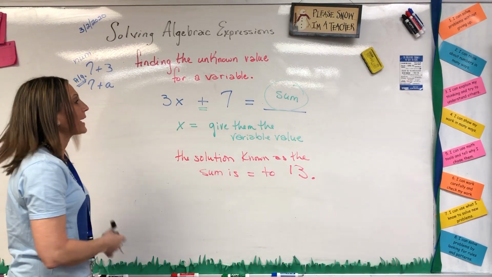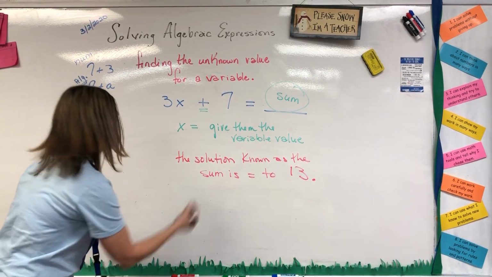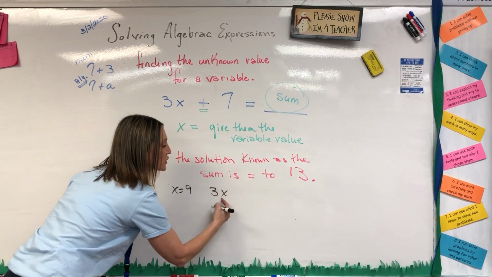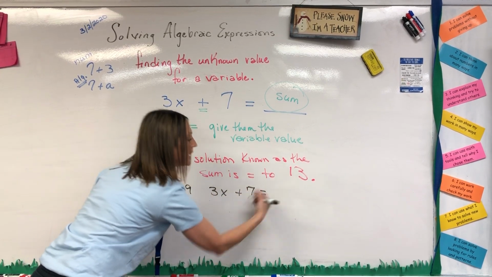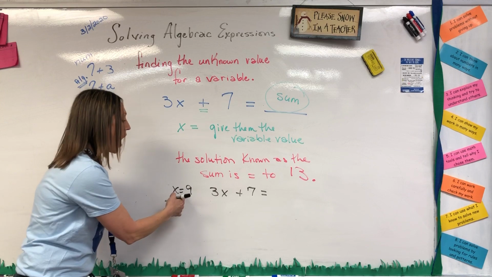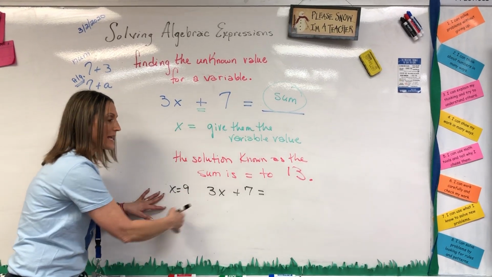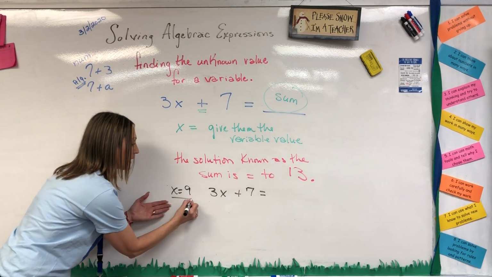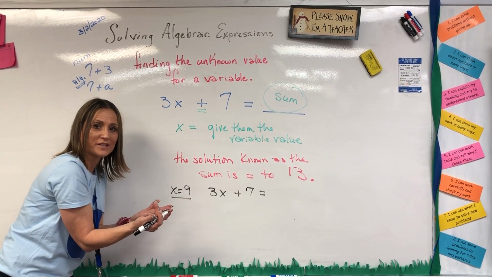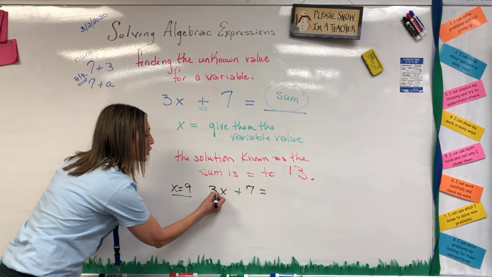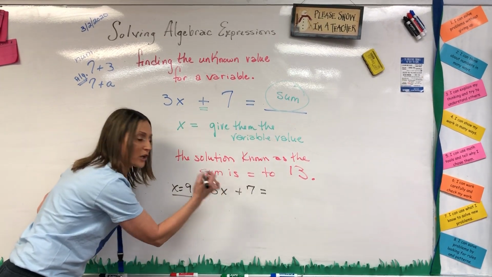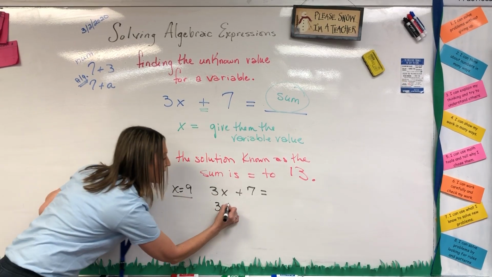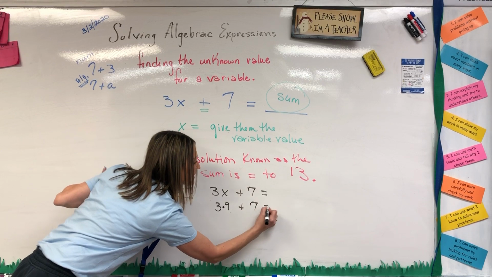So if I tell them x is equal to 9, my problem started off as 3x plus 7 equals a sum. If I'm going to give them x, it's a simple substitution method. It just means take whatever the variable is and substitute it in for where it's at so that you now know the number. Your students know any number by a variable means to multiply. So I have the 3, I fill in the 9, I add the 7.